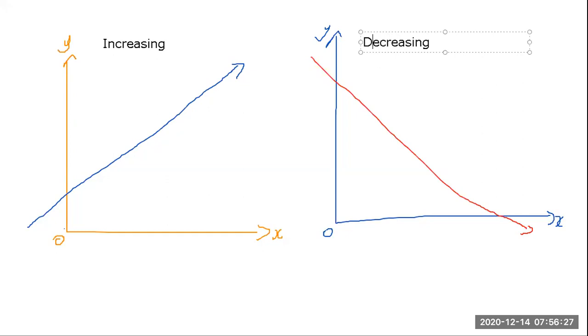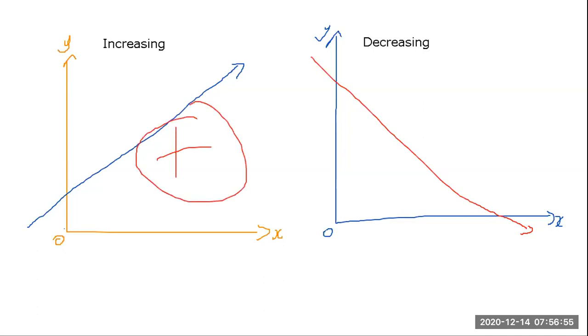So whenever we have graphs and we plot our points and they end up being in this direction, we know that it's increasing. If it's going from left to right but going down, that's decreasing. So that's another way you could look at it. Left to right, it goes up, that's increasing, and that makes it a positive graph.